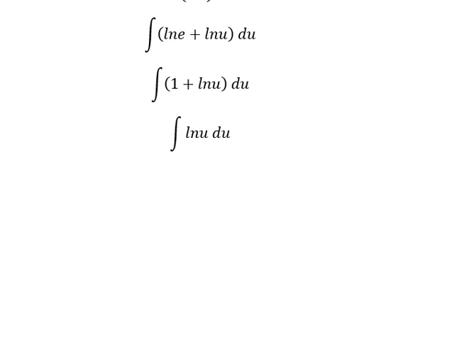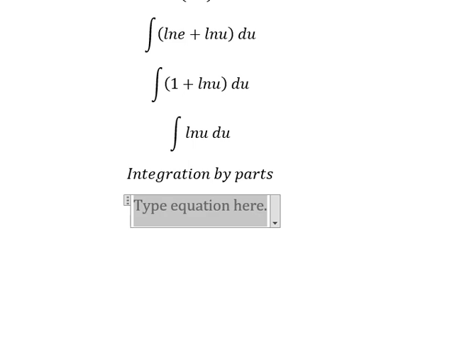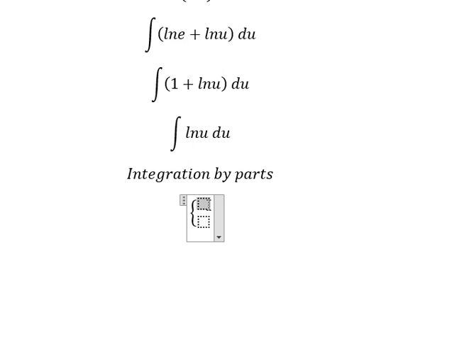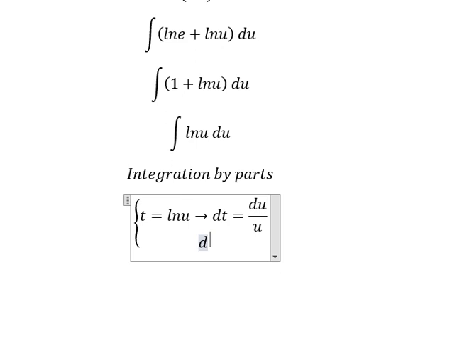Next we need to use integration by parts. So I will put t equals ln u. Next we need to do first the derivative for both sides, and we have dt equals du over u. dv equals du.